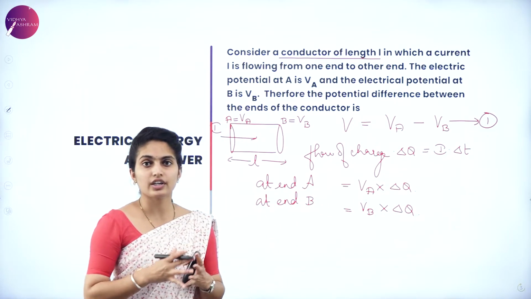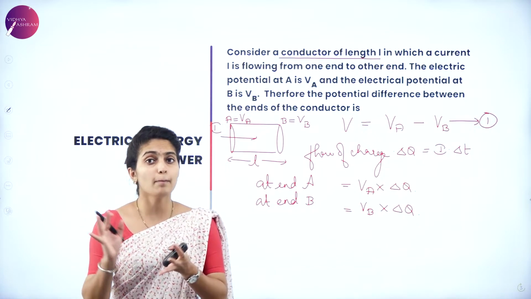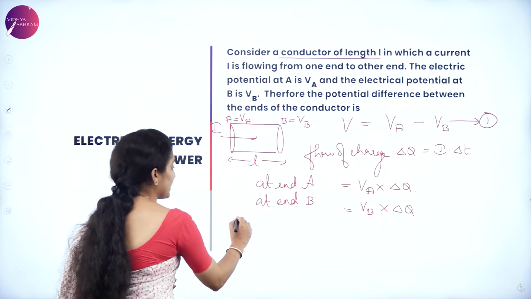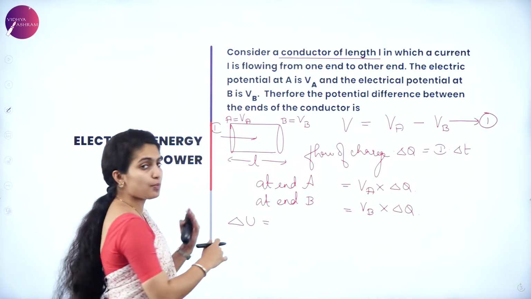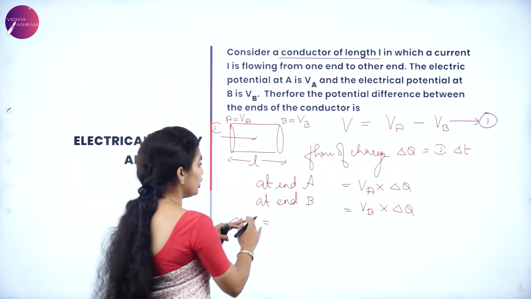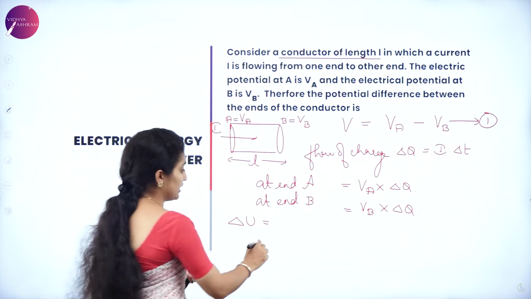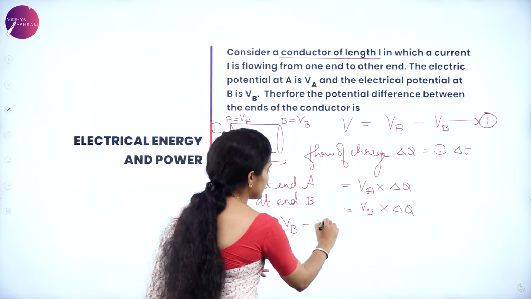So now it is our duty to check the potential energy. How do we check the potential energy? It will be delta U, that is the change in potential energy, equal to the second end minus the first end.